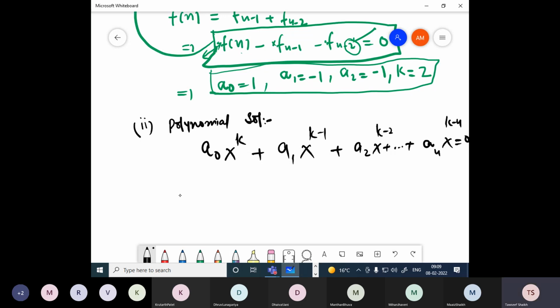Okay, this is the polynomial solution of the recurrences which are both homogeneous as well as linear.